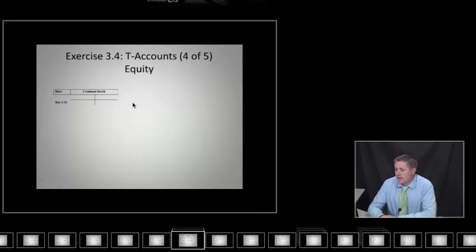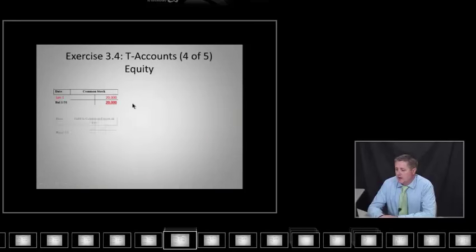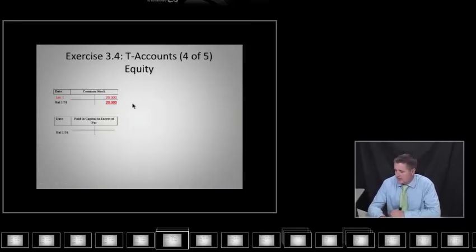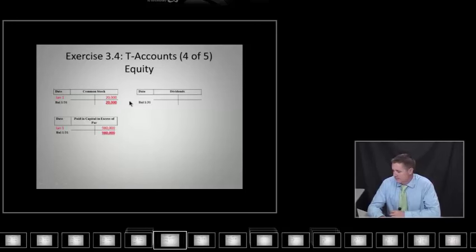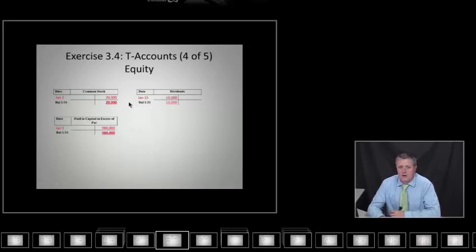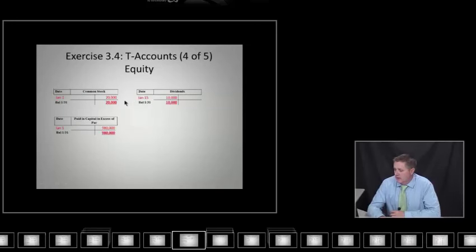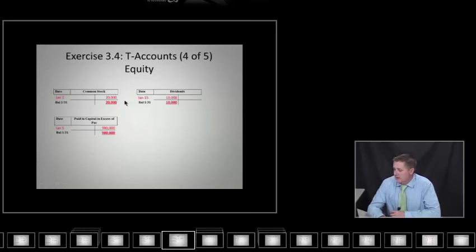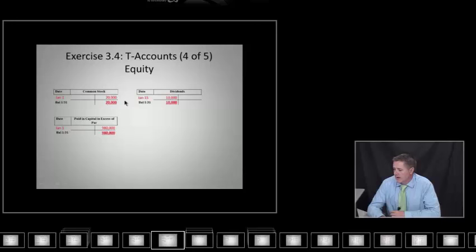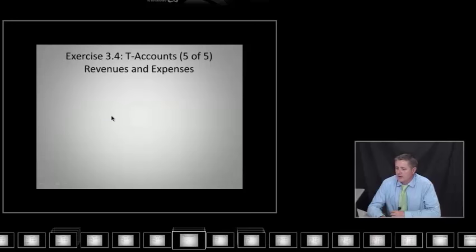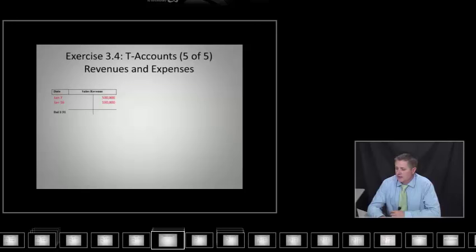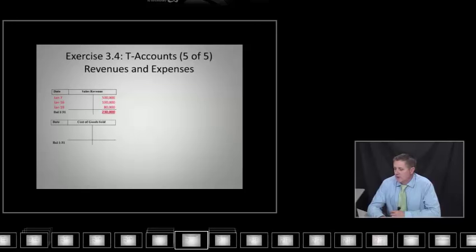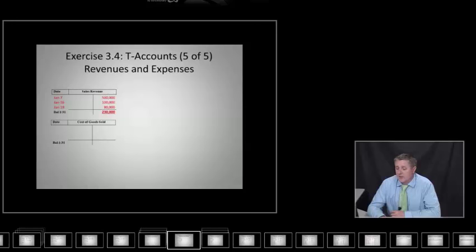Okay, we would do the same thing for our equity accounts, so common stock, paid-in capital in excess of par, and our dividend account. Okay, those are all of the accounts we've used so far. And so there's our ending balances for all of those accounts. And then we can finally do our revenues and expenses. So we can record all of our sales revenue transactions. Again, sales revenue, the normal balance is going to be a credit balance.